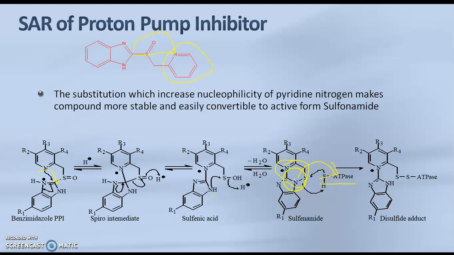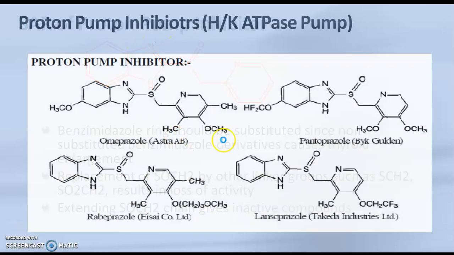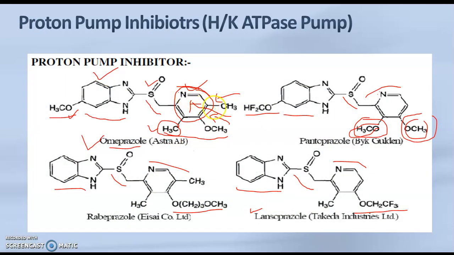If this ring is not there, they will not bind with the proton pump, and the proton pump will not be inhibited. For the formation of this new ring, this nitrogen should donate electrons to the carbon, and hence in all the structures you will find that this pyridine ring is substituted with groups which are electron donor in nature, because this group should help nitrogen donate the electron to the carbon.